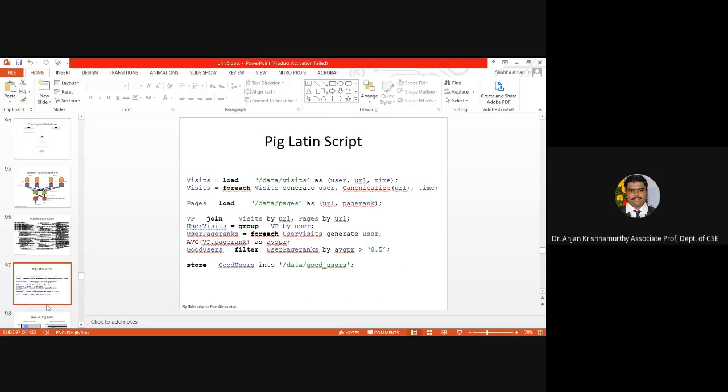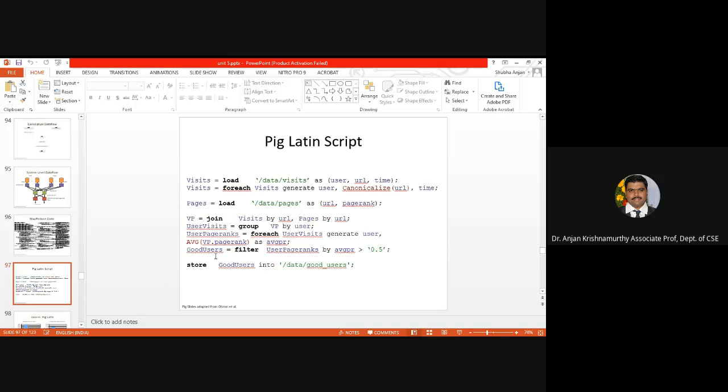Whatever user page rank there is, you basically store these page ranks into the store. And after you store it, you can basically retrieve the page ranks and display all those page ranks which are greater than 0.5. So that is how you are calculating the page rank using a Pig Latin script, right?